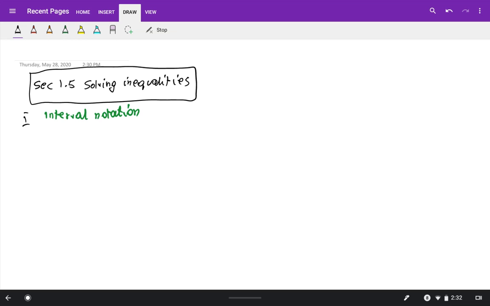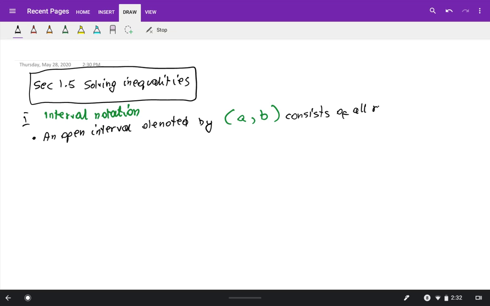For interval notation, I have to give you the definition. An open interval, denoted by (a, b), consists of all real numbers x such that x is between a and b.